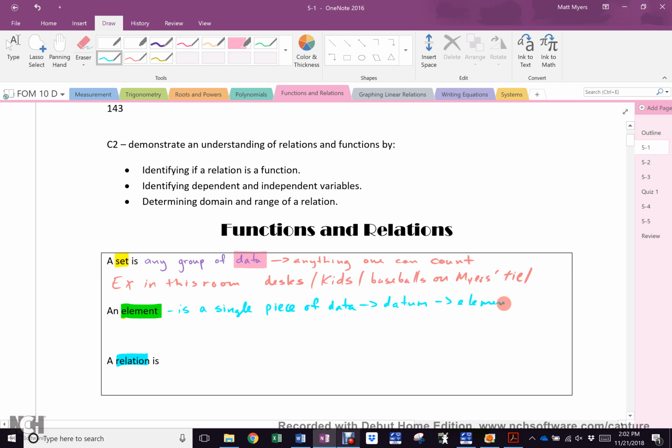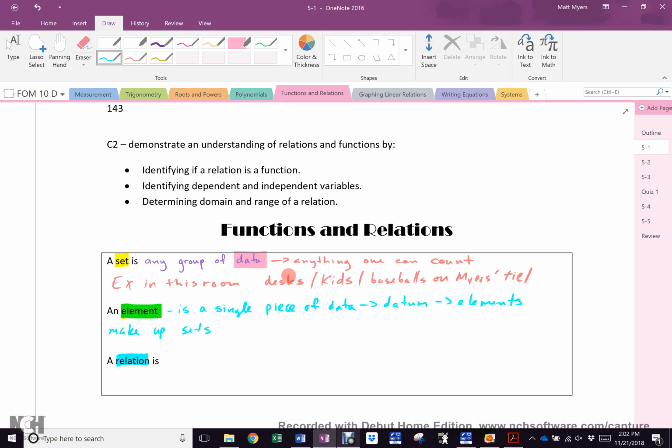Elements make up sets. So, in this first set, which is the set of desks, how many elements make up that set? Desks.